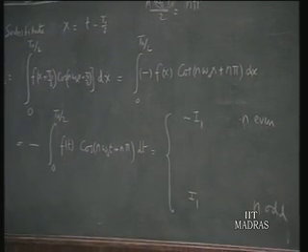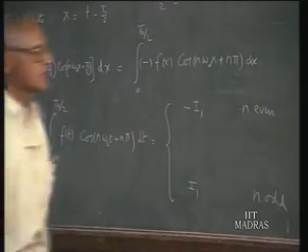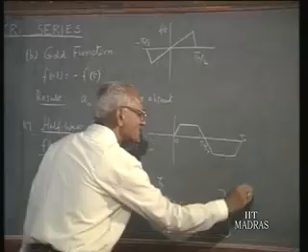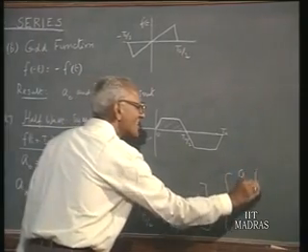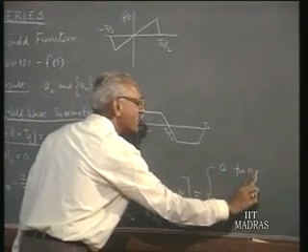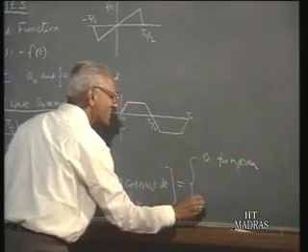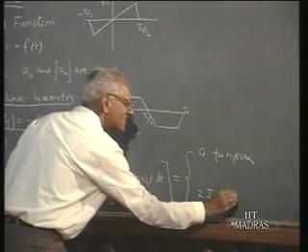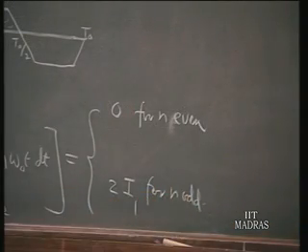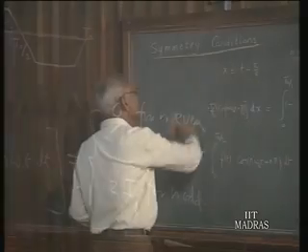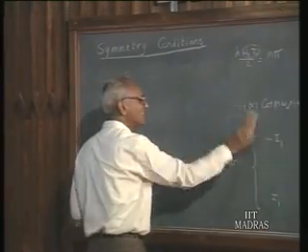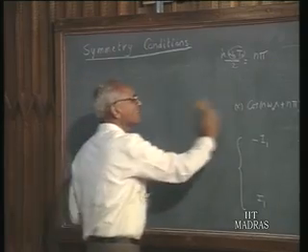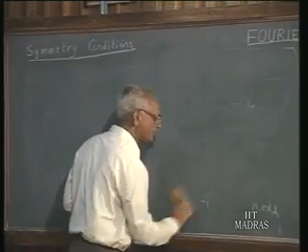So the upshot of this analysis is that this An turns out to be 0 for n even and 2 times I1 for n odd. Therefore, finally, the conclusion that we have is all the A terms with even indices will become 0.